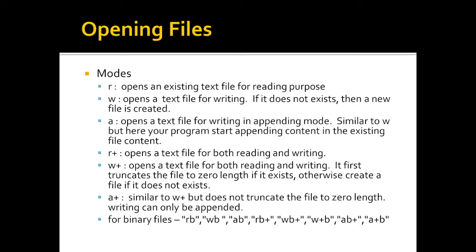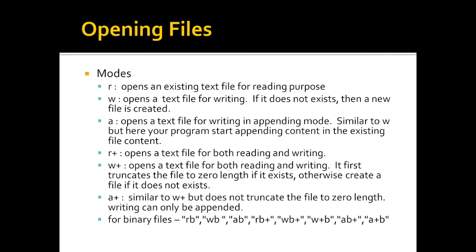If you use W, you will be overwriting the whole file, but if you use A, then you will just be appending data at the end of the file, so your program starts appending content to the existing file content.